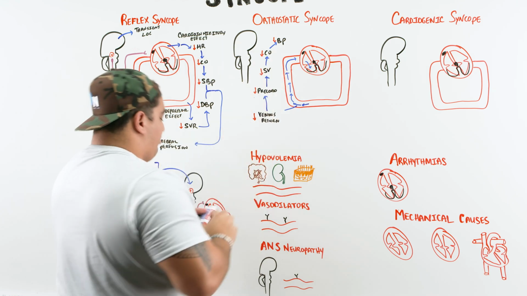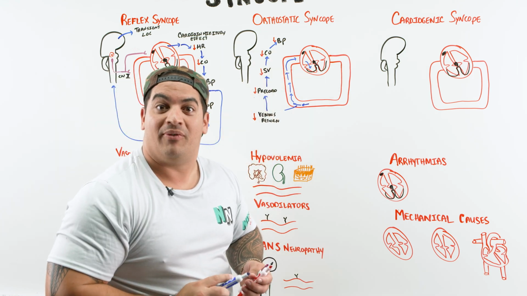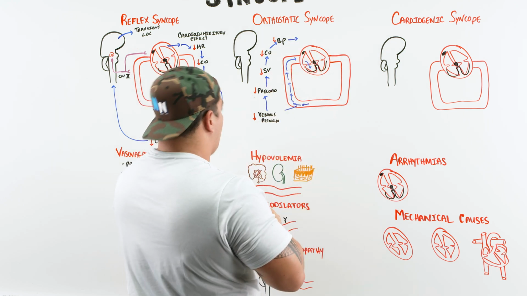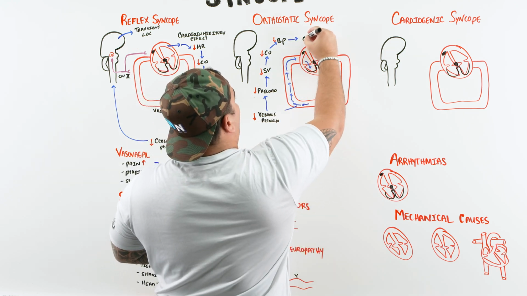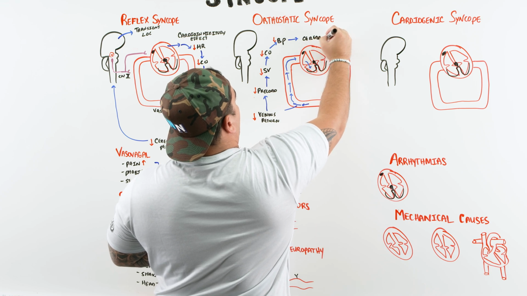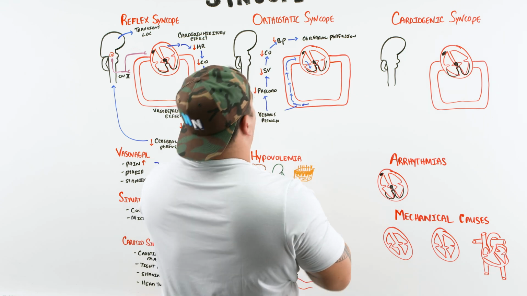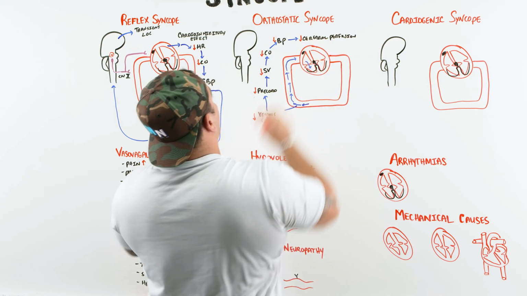And if you drop your blood pressure, what will happen to the cerebral perfusion? It'll be reduced. So your cerebral perfusion will drop, and I'm not getting enough blood flow to the brain.